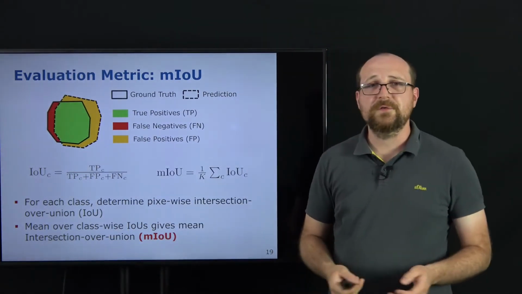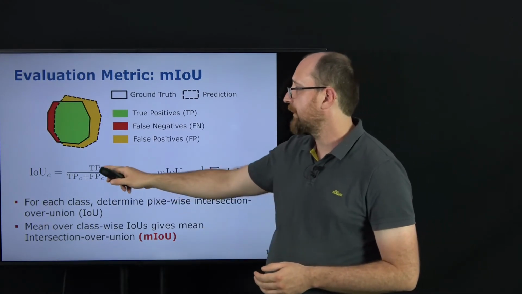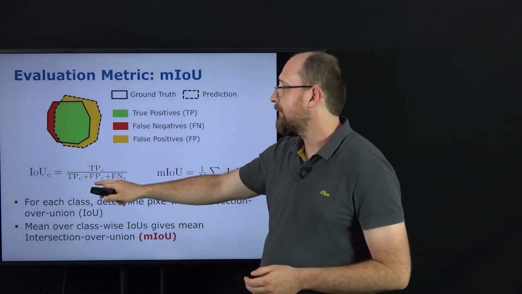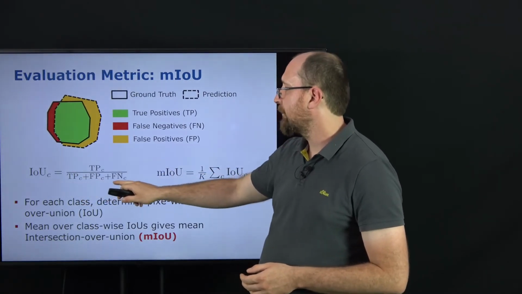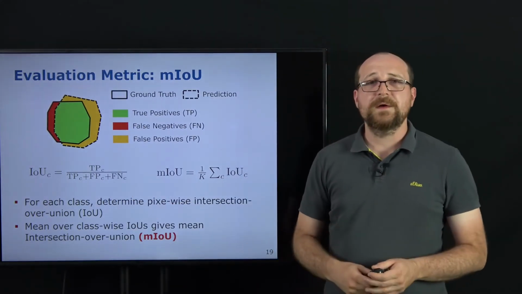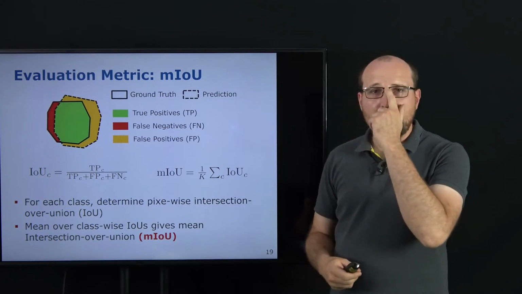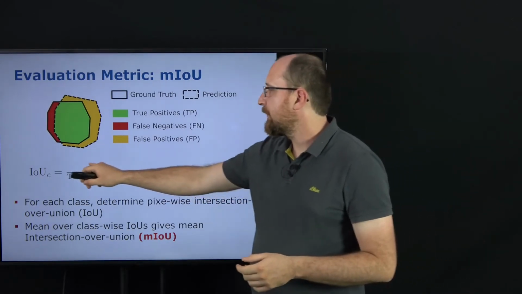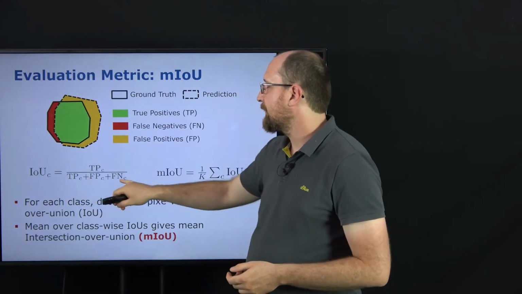And the intersection over union is then in a pixel-wise way defined as the number of pixels which are true positives divided by the true positives plus false positives plus false negatives. And this is, of course, then the same as in the bounding box case. So the true positives is basically the intersection of both regions, and this part is then the union.